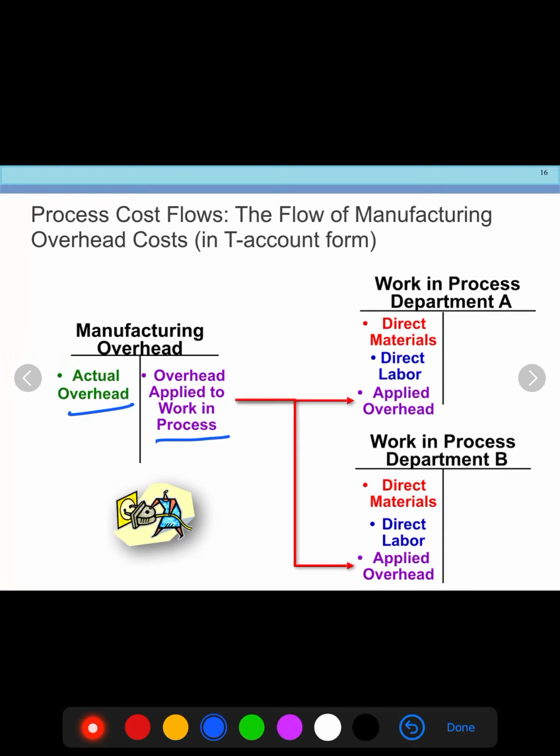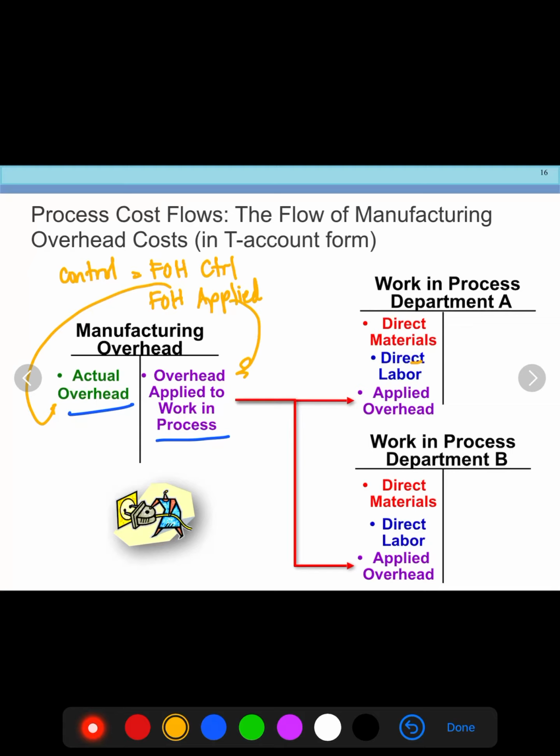Okay, so let's just explain that. In accounting for manufacturing overhead, you can use control account. So if you are using control account, what you will be using is the factory overhead control for the actual overhead, and factory overhead applied for the overhead applied.